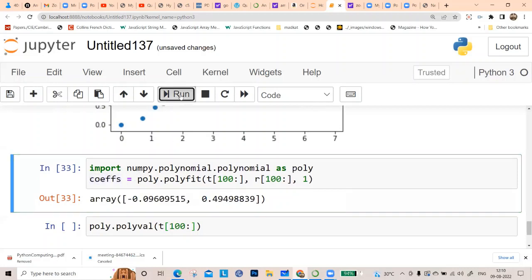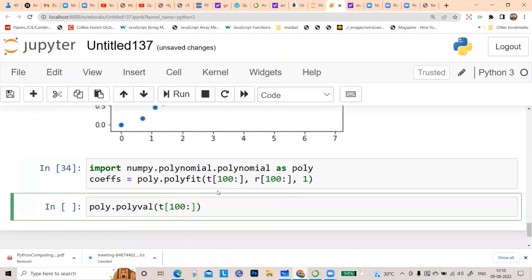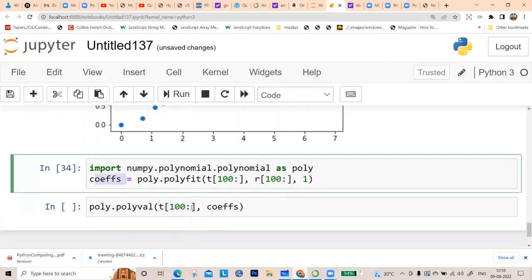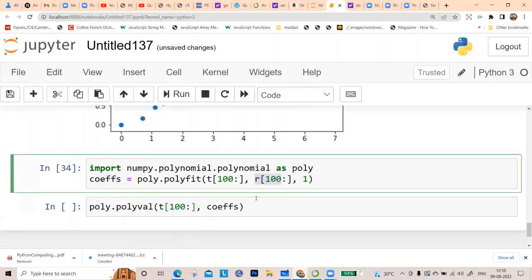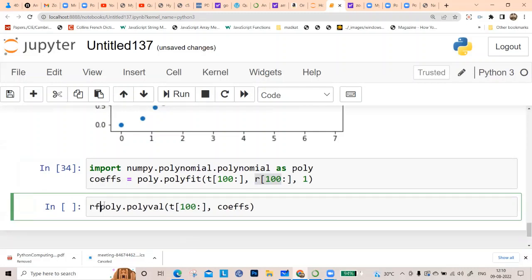So it will take this data, T data, that means X data, and I will use these coefficients to calculate the fitted values of these R values. I call this R fit.